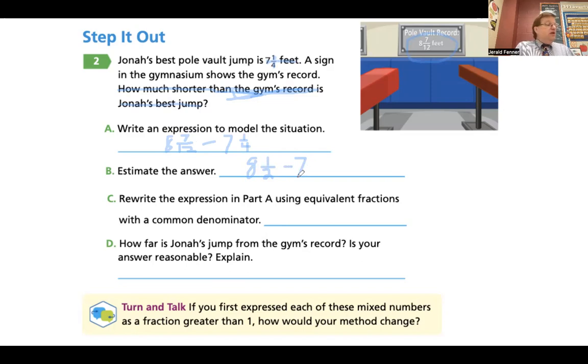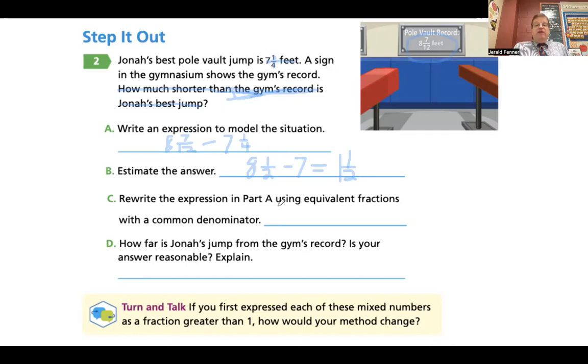And we look and we say, is 1/4 going to be 0 or half or 1? Well, once again, it's right in the middle. So we're going to say that it is 7 and it's closer to 0. Now, if you said 7.5, I would say that's okay. I'm okay with that. 8.5 minus 7.5 is going to be 1.5. So the difference should be pretty close to 1.5.